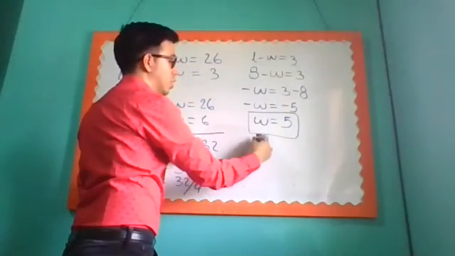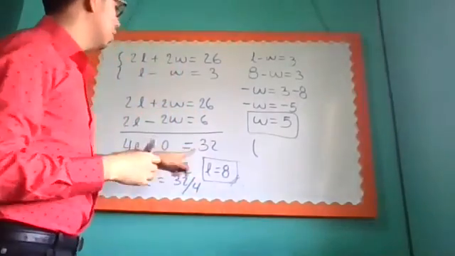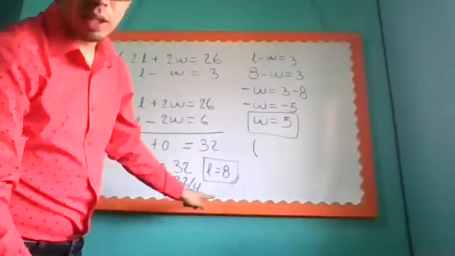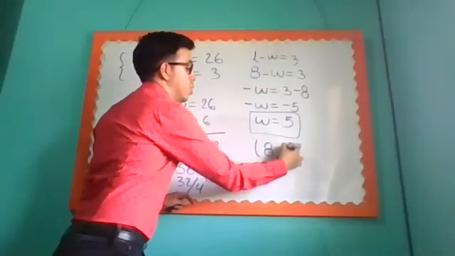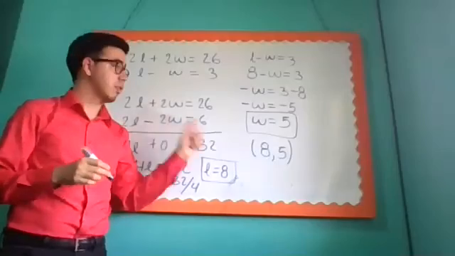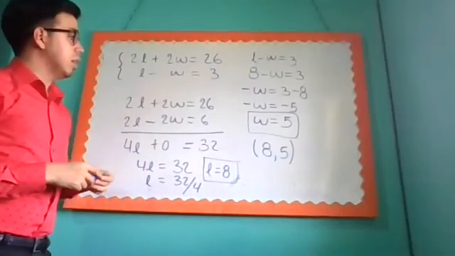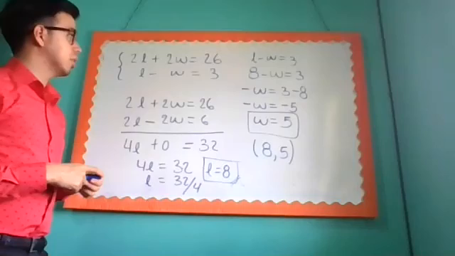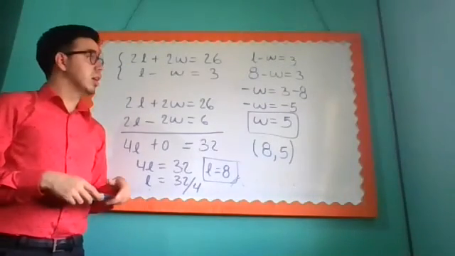Then what is the solution that you have? The ordered pair that we are going to copy is (8, 5). You always write the ordered pair inside the parentheses with the solution for x and y, okay? So this is the answer that we obtained for this example, for the number 3, okay?